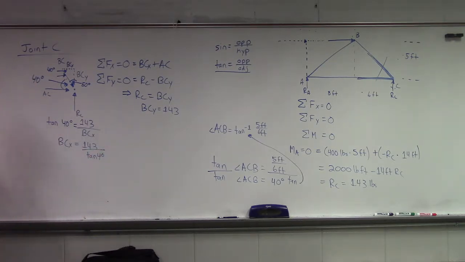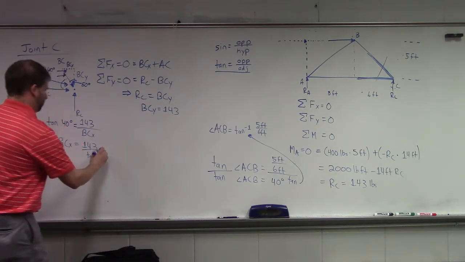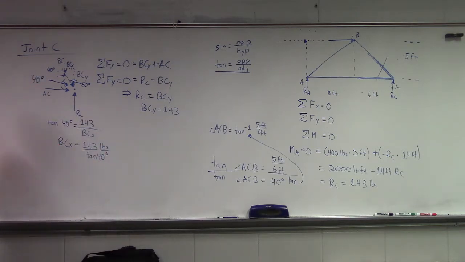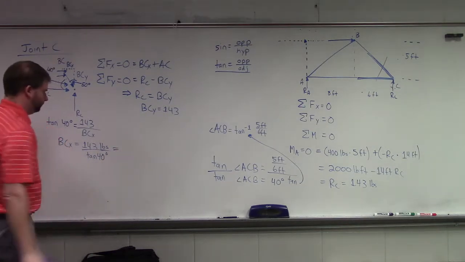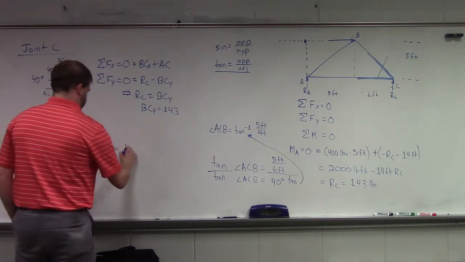So BCX will be 143 pounds divided by tangent of 40 degrees, which is 170 pounds.